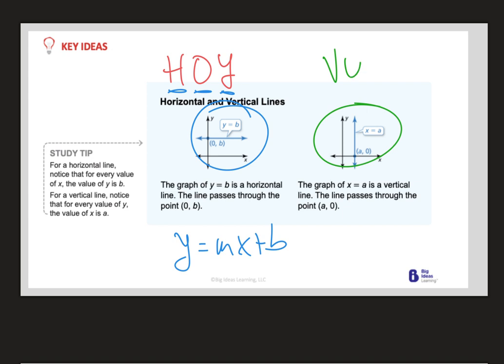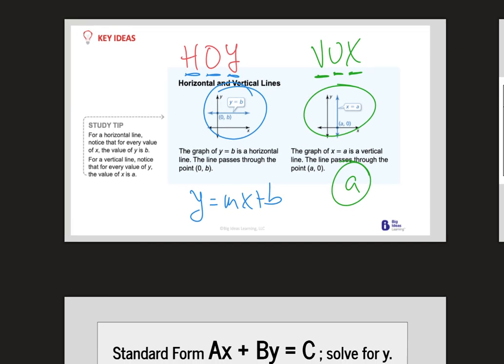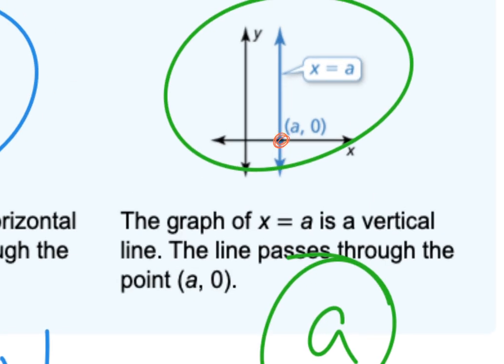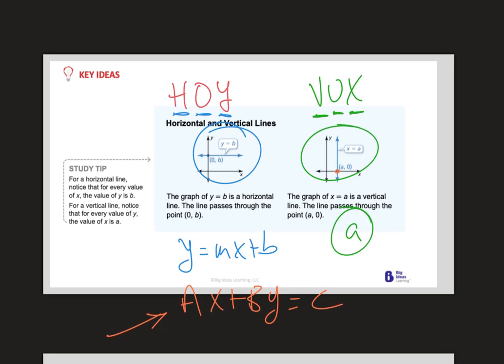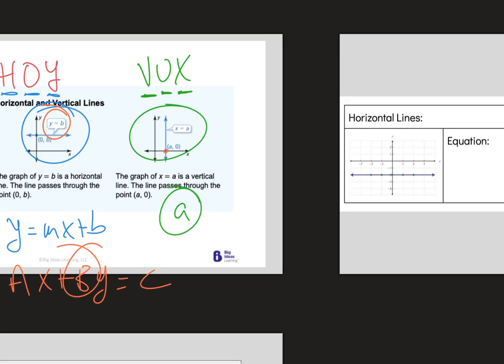This is vux. V is for vertical, U is for undefined slope, and it's an x equals type thing. And I rarely ever talk about a being the letter we use for that. Not to be confused with ax plus by equals c, right? Because we can't just look at that number and go, x-intercept, right? Lowercase b, capital B. Y'all know the difference.